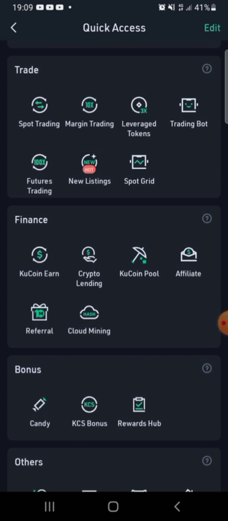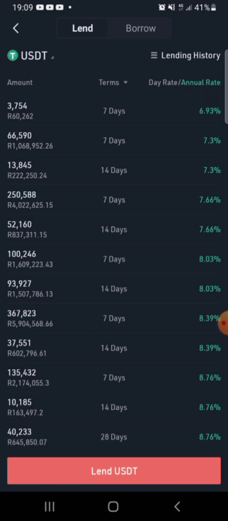So yeah, we come here to the crypto lending because this is what we want to do. And just another note, guys, if you want to do this, you must have a KuCoin account. Hence why I plugged the referral link for you guys to open an account. Once you have your KuCoin account opened up, you can either use your credit or debit card to buy some crypto, you could get USDT, BTC, whatever you like.